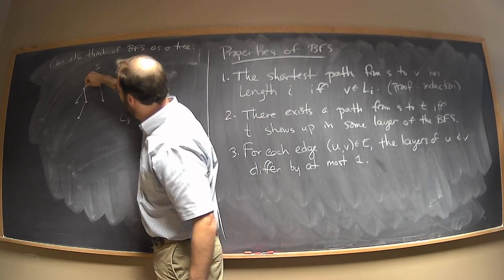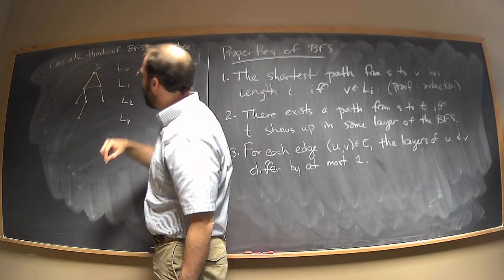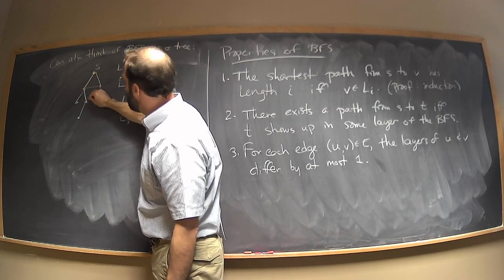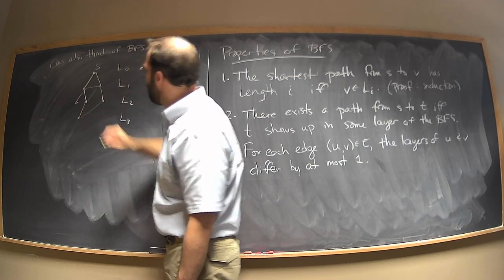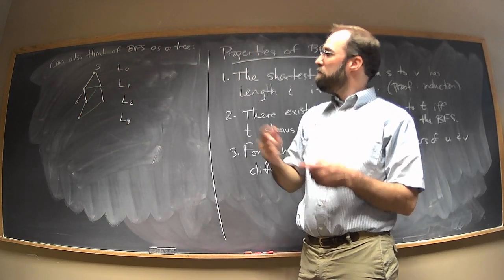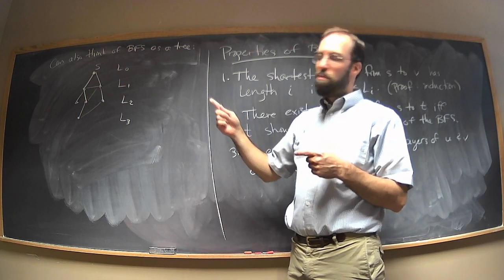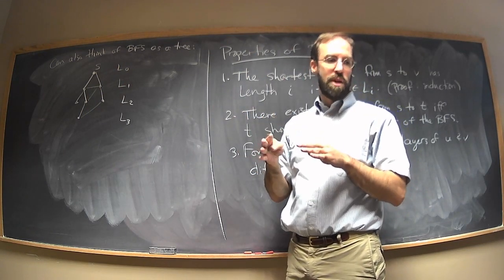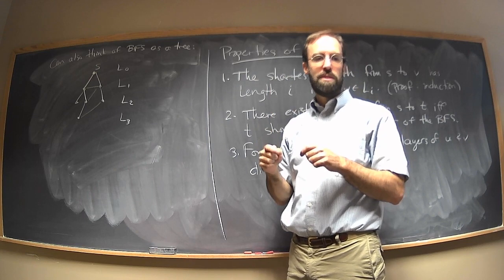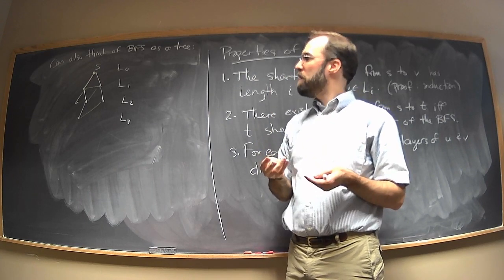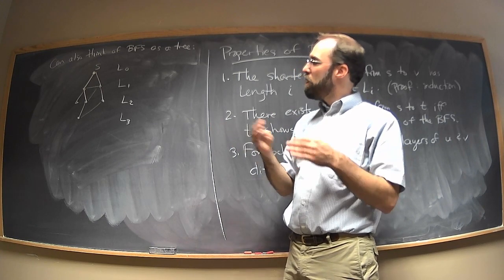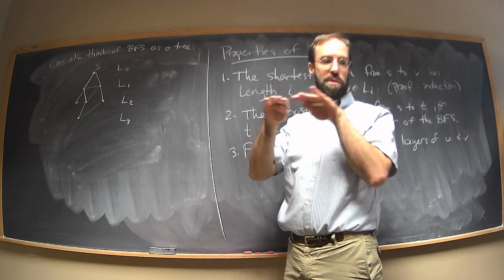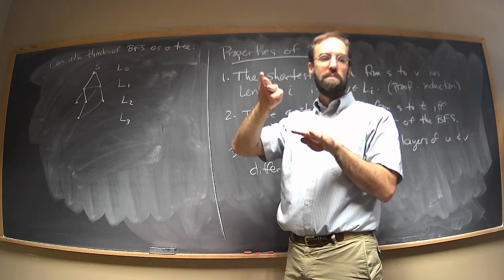Maybe there was an edge here, and maybe there was an edge here, or maybe there could be an edge like here. In the picture I've drawn, the white edges are the edges that the breadth-first search actually followed to get from each layer to the next. There could be some additional edges that I've drawn in green that can only ever go either between vertices at the same level or between vertices on adjacent levels.